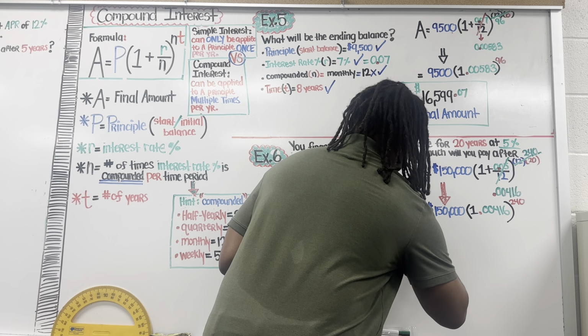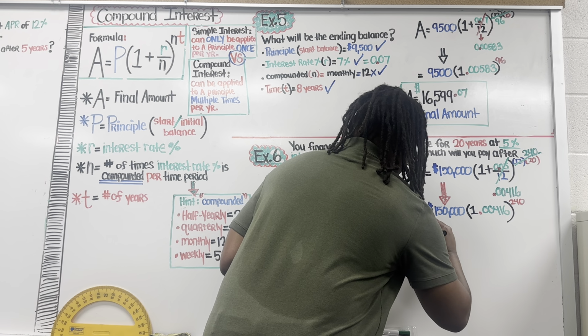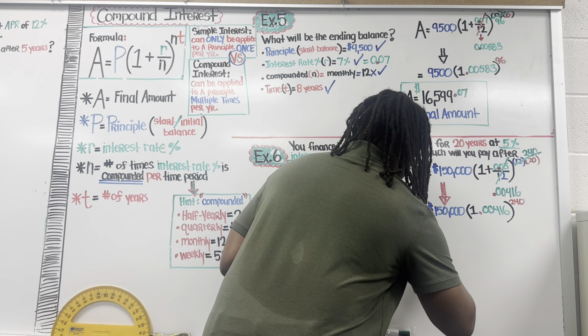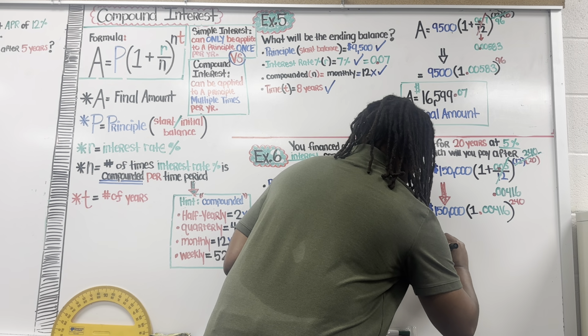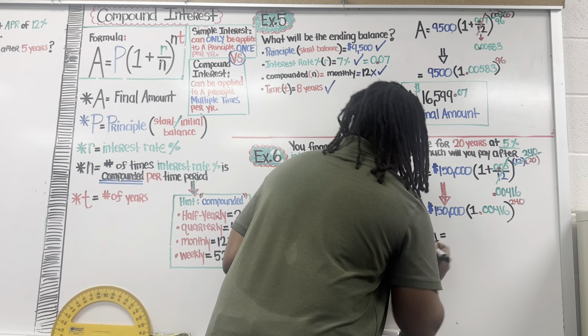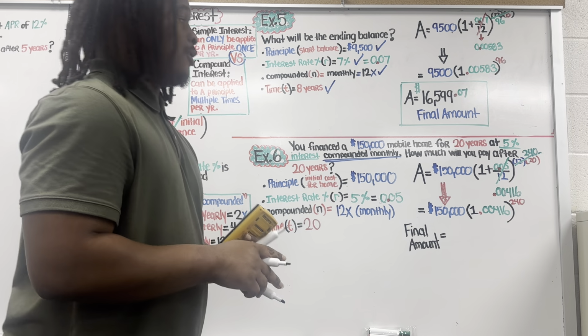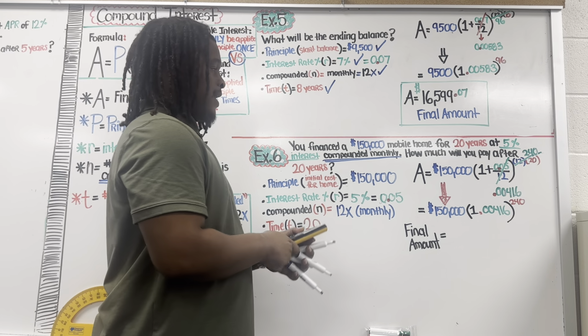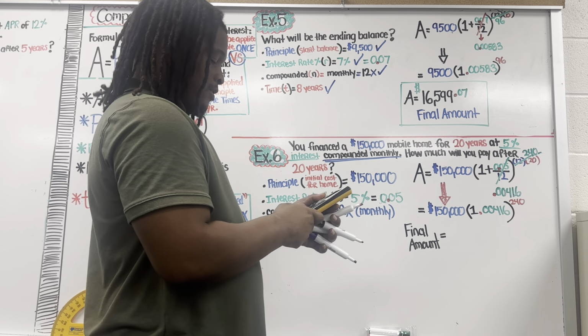And then once again, A is the final amount. So once we plug all of this into the calculator to solve, it will spit out the final amount of what you will pay over time, right, over the next 20 years, okay? So let's go ahead and do that.